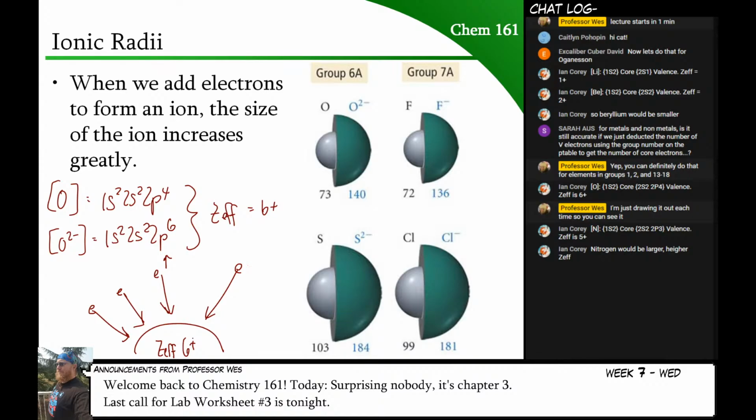But now if I change nothing in the nucleus and add 2 extra electrons, I have to spread that same force over 6 things now. So now these are allowed to get further away, because I can only hold on to them like 80% as effectively, because now I have to divide my attention among 2 extra electrons.